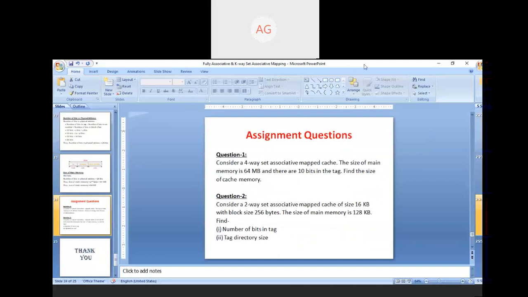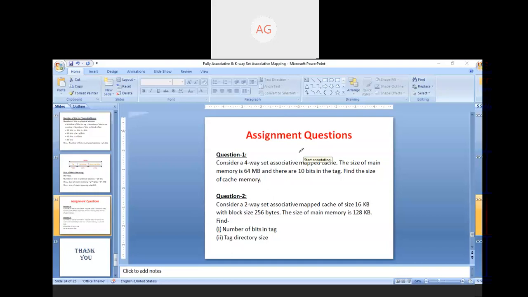These are the two assignment questions which are based on k-way set associative mapping. You need to solve these questions in your assignment. Today I am going to create an assignment link in Google Classroom, and in that PDF these assignment questions and the direct mapping assignment question are also included.